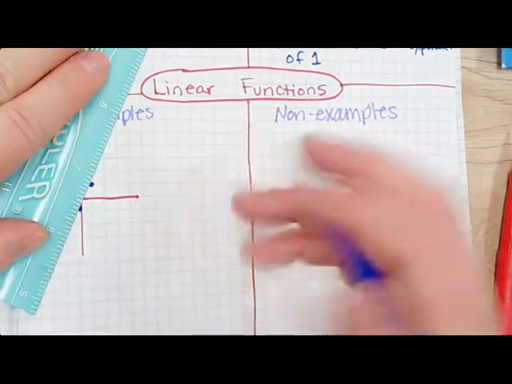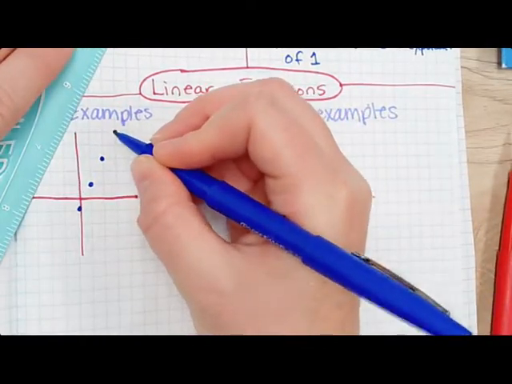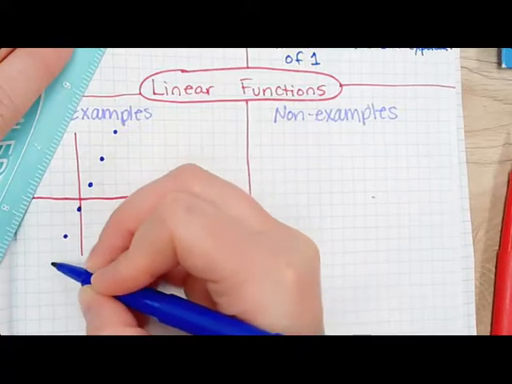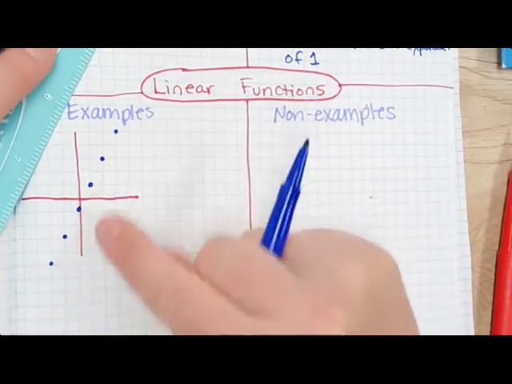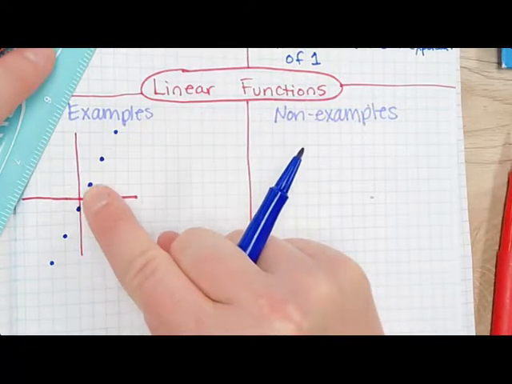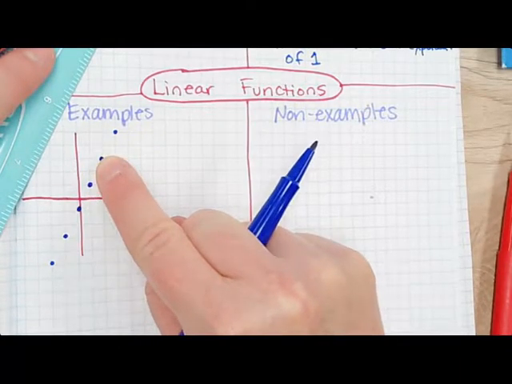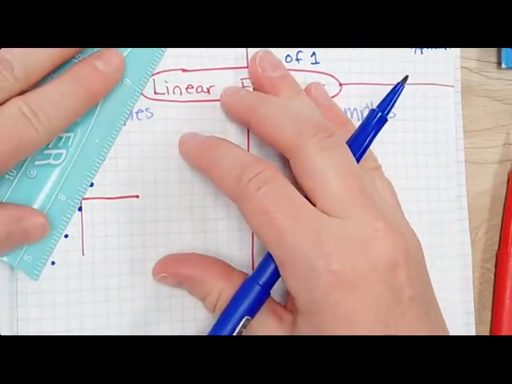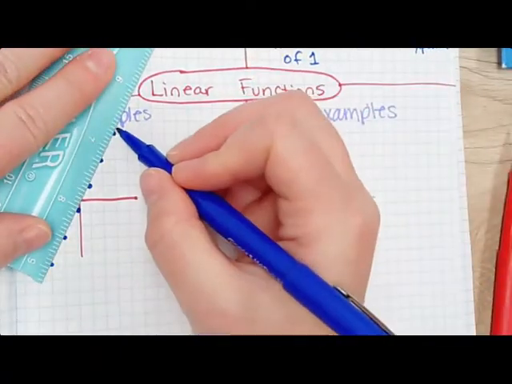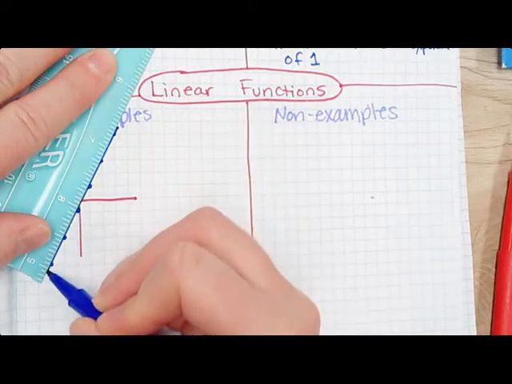You can use your ruler. If it's graphed and you have the same constant rate, see how this is going up 2 over 1, up 2 over 1, up 2 over 1. That's a constant rate. And if you draw a line there, that's a linear function.